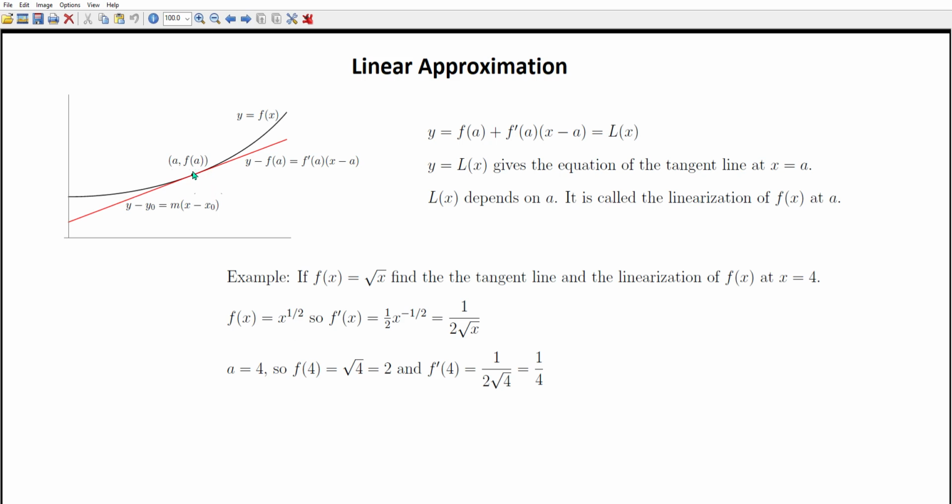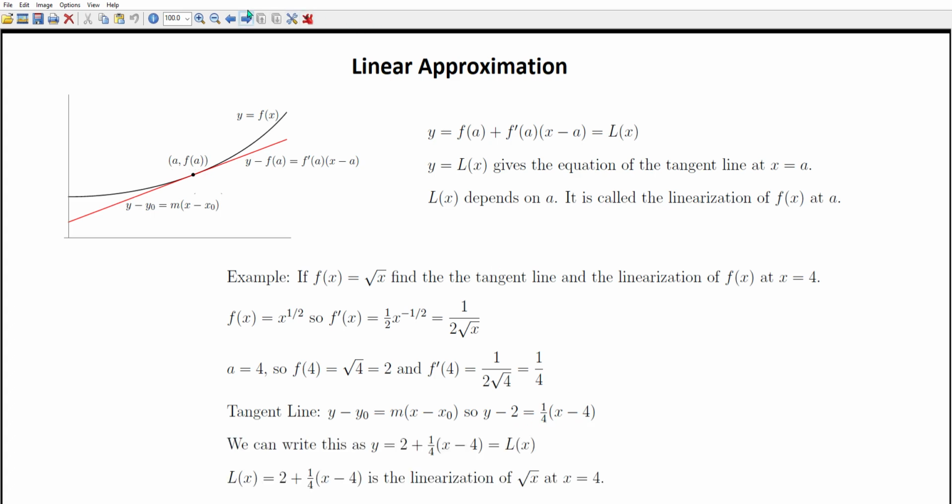Now, we want our tangency at a equals 4, so we get that f of 4 is the square root of 4, or 2, which is f of a, and f prime of 4, which is going to be the slope of our tangent line, is 1 over 2 square root of 4, which works out to be 1/4. So our tangent line, y minus y naught equals m times x minus x naught, becomes y minus 2 is 1/4 times x minus 4.